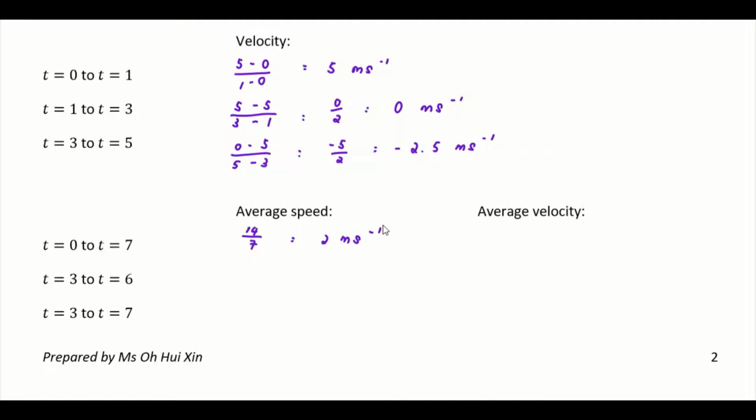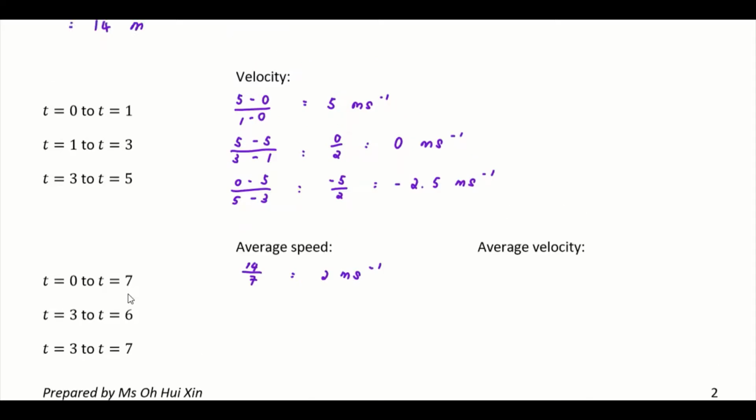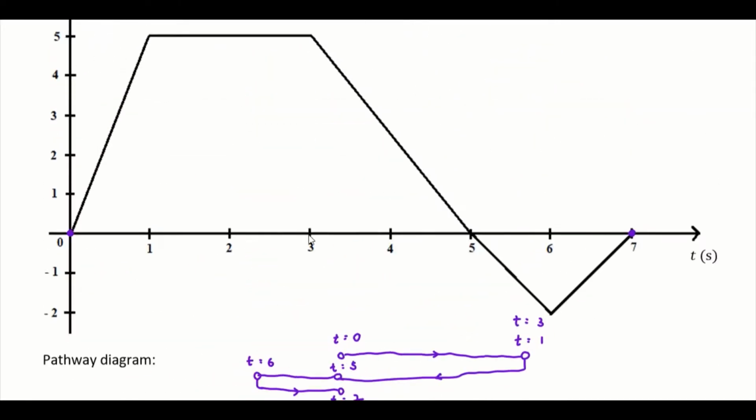Okay, then same thing, we move on to the next one. If let's say it is t equals 3 to t equals 6, then what happened? You can see t equals 3 is here. I'm just trying to plot the turning point here, and t equals 6 is here. So what is the total distance traveled? You can see that the position is at 5, then after that it went to -2. So the total distance will be 7.